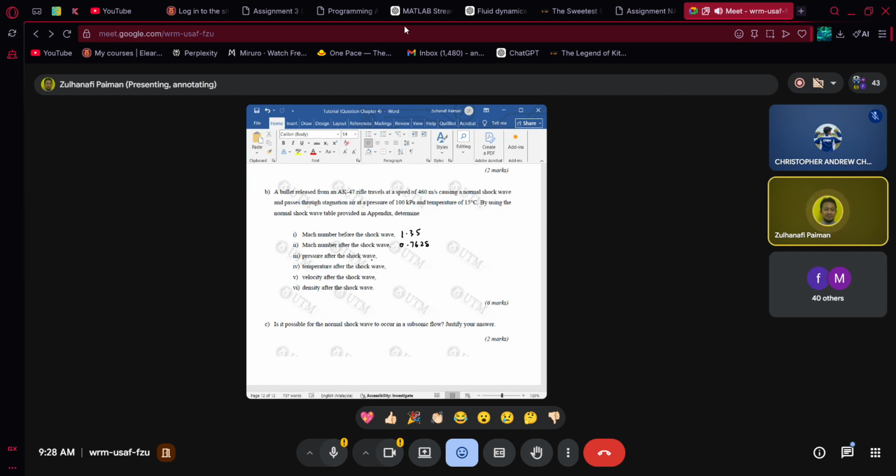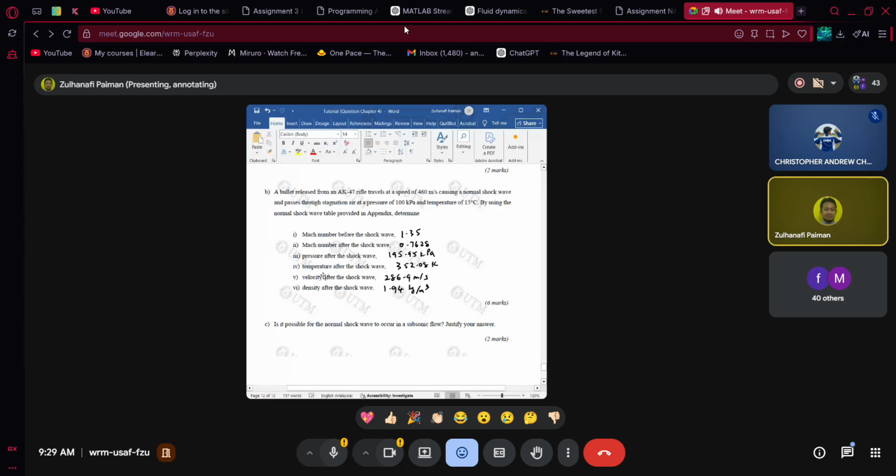Pressure after the shock wave, this one also you have to do the interpolations. My answer is plus minus, in kPa, and then temperature is around 352 kelvins, and the velocity is about 286.9 meter per second, and the last one is the density. It's about 1.94. So this is the answer. Please double check.